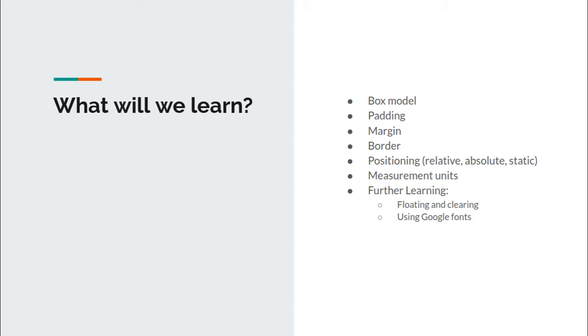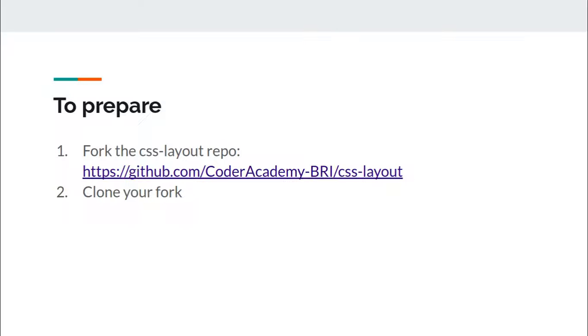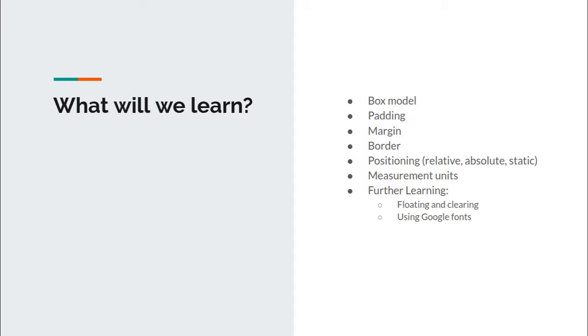Okay, so this is what we're going to do right now, just a learning tool to understand these properties and how applying values in these properties affects what you see on the page. This is CSS.